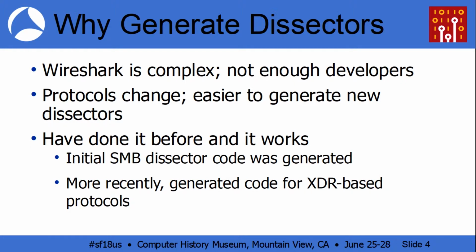Another problem is that protocols change, and we found this a lot at work with our XDR-based protocols. XDR is the protocol description language used for Sun RPC, so for NFS and things of that nature, and we use those.